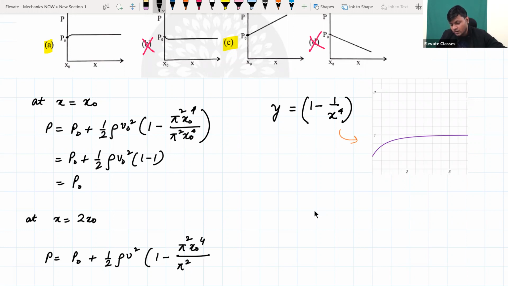So 2 to the power 4 is 16, so here we get 16 pi square x naught to the power 4. So this is equal to p naught plus half rho v square times 16 minus 1, 15 upon 16. Can you see this?